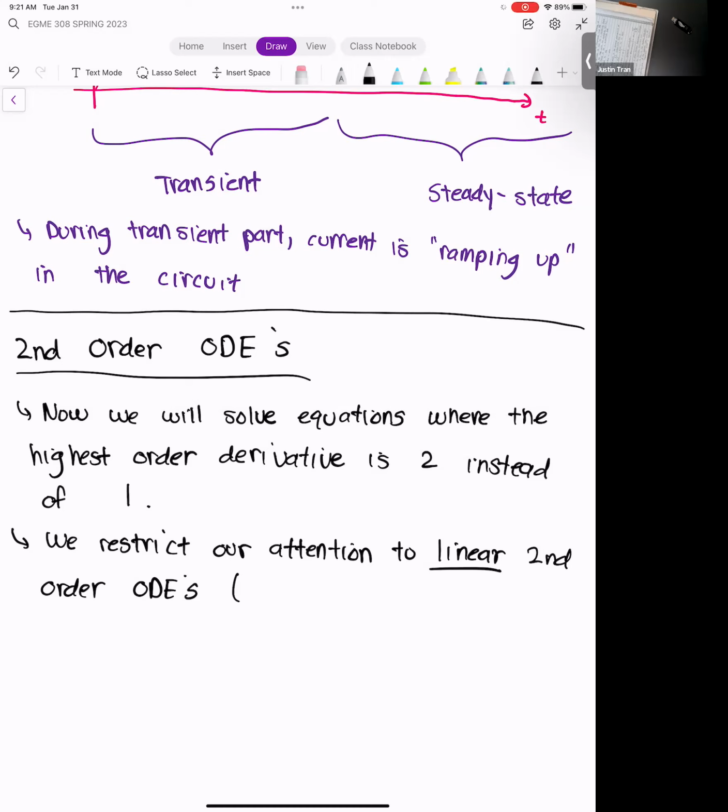Remember what linear means: whenever you see the dependent variable, a y term, its polynomial order is just going to be 1.